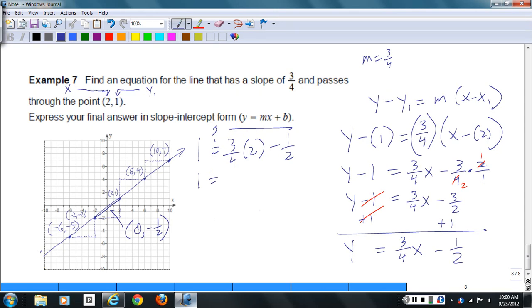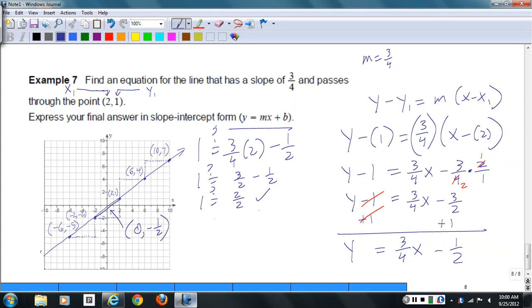Do we get 1? 3/4 times 2, we still feel good about calling that 3/2, right? 3/4 times 2 equals 3/2. 6/4 is equal to 3/2. 3/2 minus 1/2 equals how many halves? 2 halves? Does 1 equal 2 halves? Let's say yes.